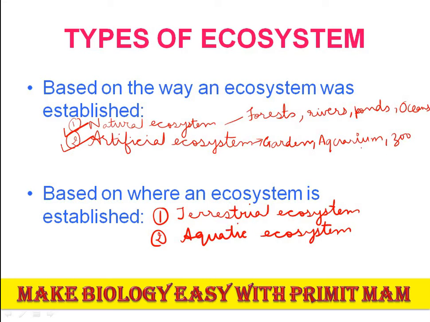Zoo is not naturally created. It is made by human beings, and they brought different types of animals and provided the environment suitable for their survival.